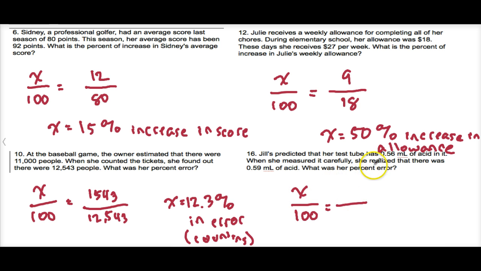We know that the difference in the two was 3/100ths, and then the actual value was 0.59. Cross multiply. x is going to be equal to 5.08%, which is a pretty big deal. We want to be as close to 0 as possible, especially when dealing with acids.